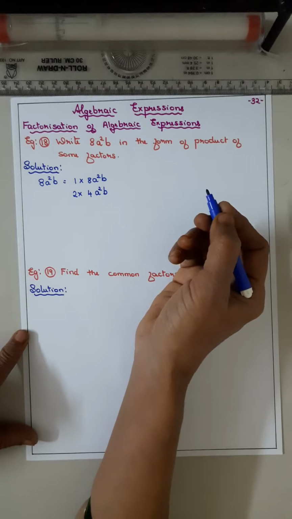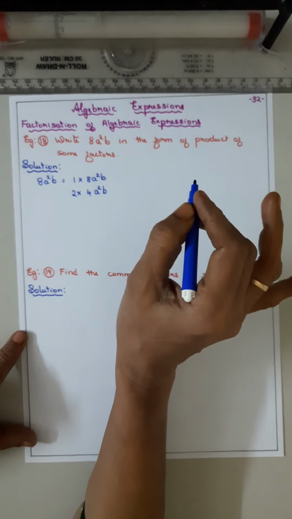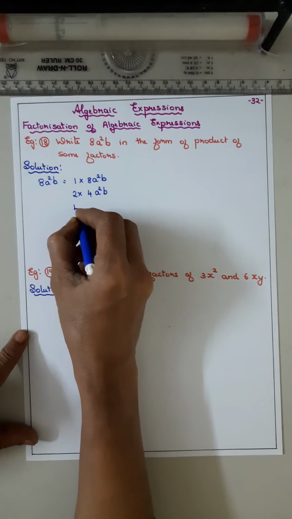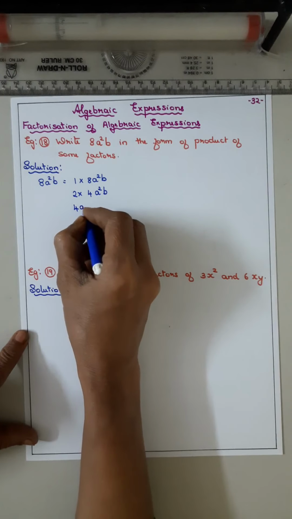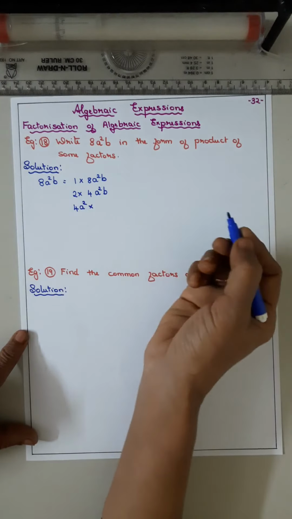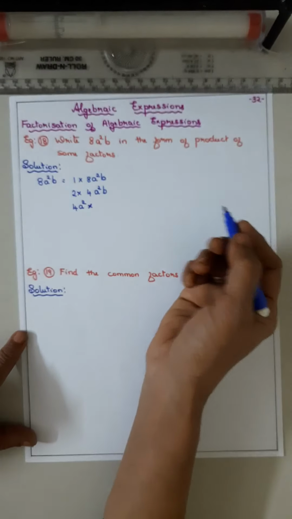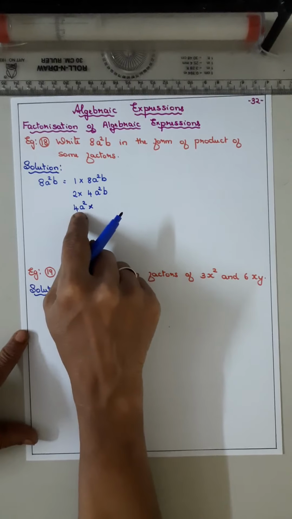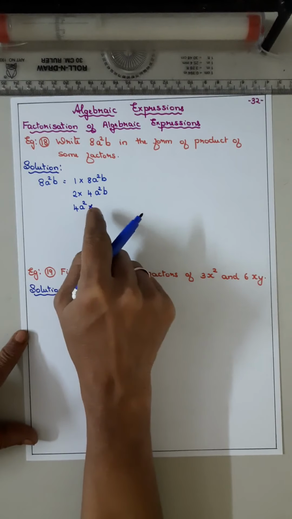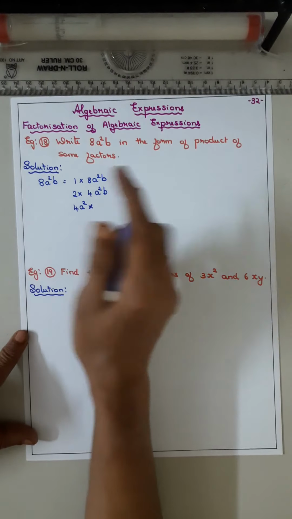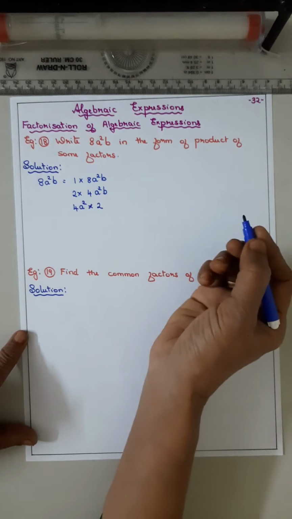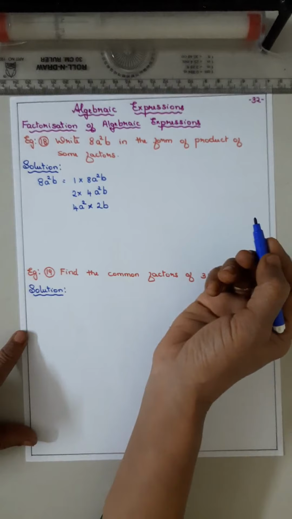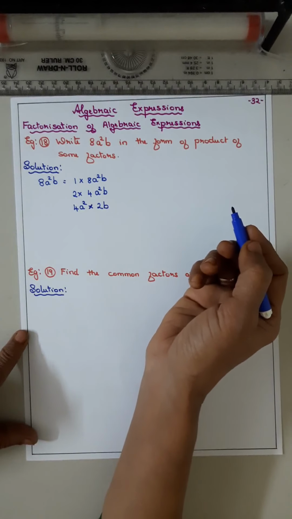Or any way you can write. So if you write one of the factors as 4a squared, the other will be 4 twos are 8, a squared already written, so one more will be b.